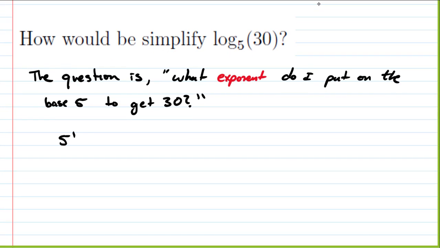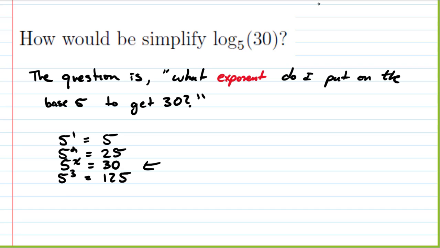Well, let's start. 5 to the first power is 5. 5 squared is 25. 5 to the third power is 125. So we notice we have a bit of a problem. We have 5 to the x, and we want to know what that is, but it's 30.